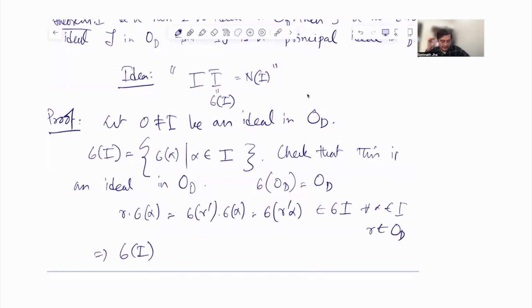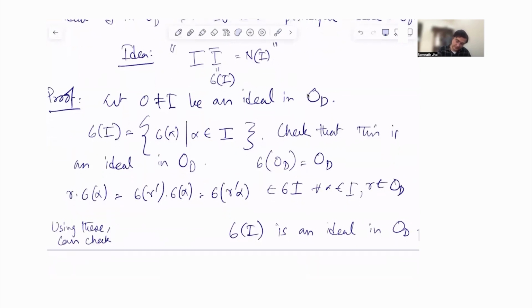So using that, one can check sigma I is an ideal of O_L. Okay. So you can check, using these, and check that.